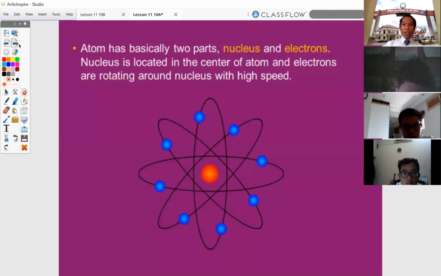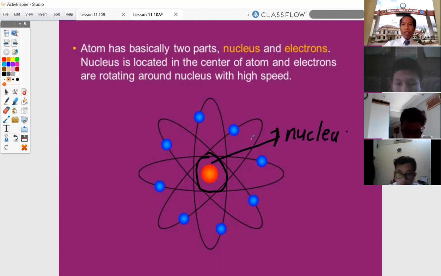So the atom has mainly two parts. The first one we call the nucleus. The nucleus is the one in the center here. The red one is the nucleus, but don't think that the color of the nucleus is red. This is just for illustration. The one in the middle we call the nucleus. And then the nucleus is surrounded by the particles called electrons.